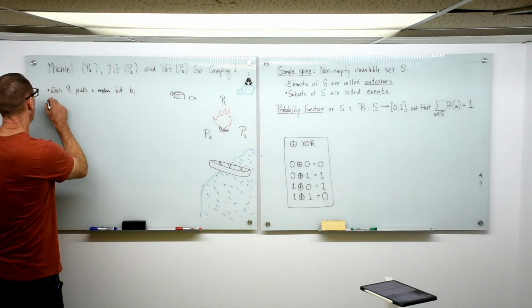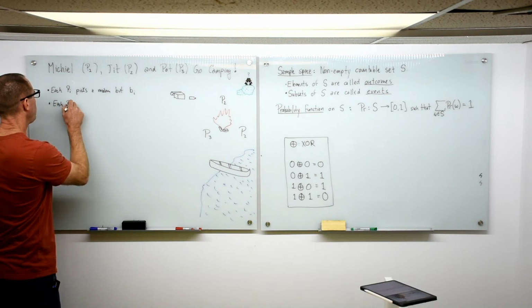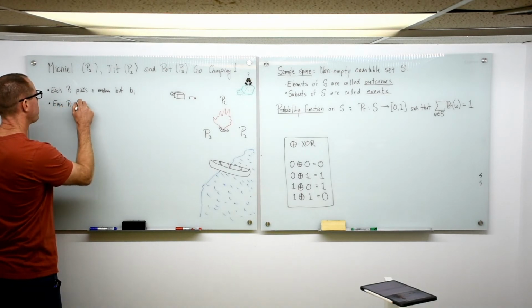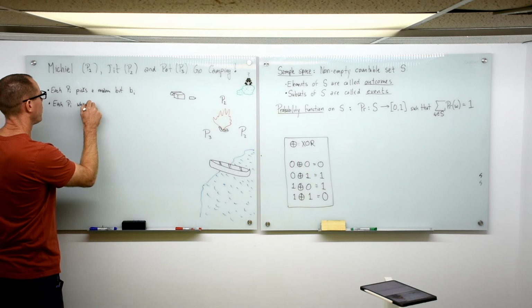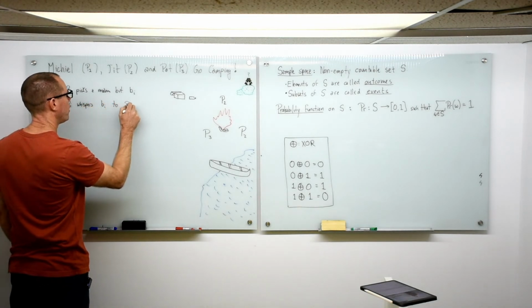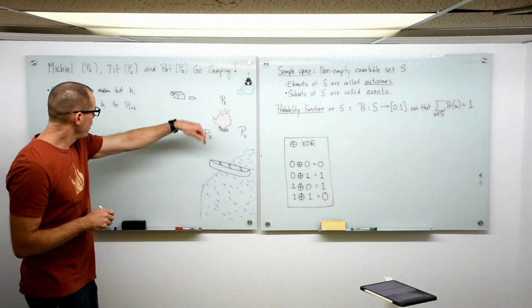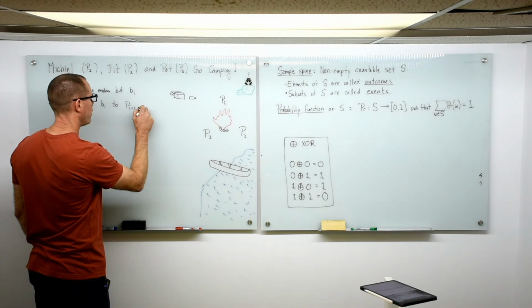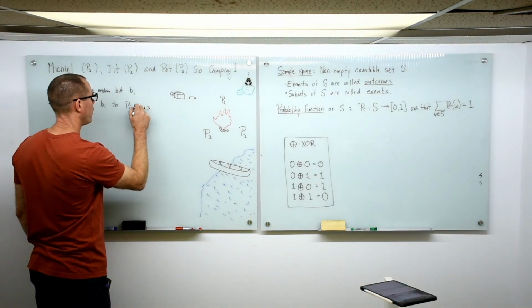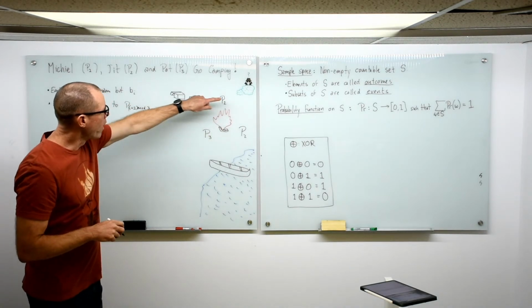So now each Pi whispers the value of Bi to Pi plus 1. Okay? And this is modulo 3. So they're sitting around the campfire here.